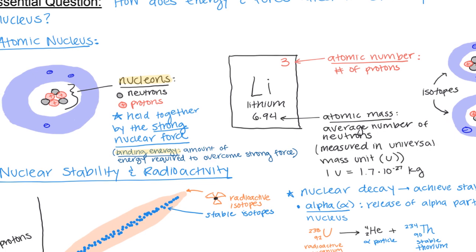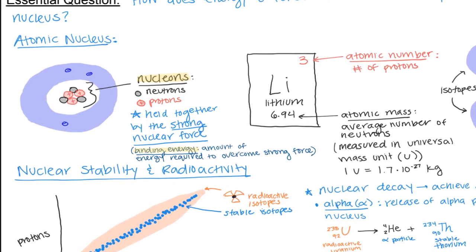Now, when we talk about the structure of an atom, this is really well represented on the periodic table of elements. I will always call the periodic table one of the best cheat sheets scientists have ever invented, because there is so much information on there for us. Within each box, we have the atomic number, which determines the number of protons we will be seeing in the nucleus of that atom.